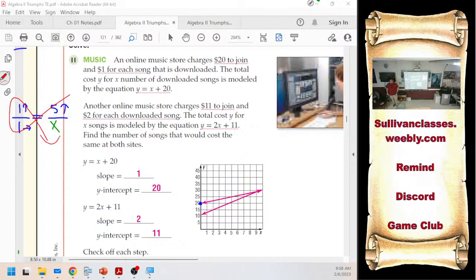Good old Jesus fish. Cross multiply and solve. 5 times 1 divided by 1 is 5. Means if I'm going to go up 1 and over 1, I can also go up 5 and over 5. Up 5 and over 5.